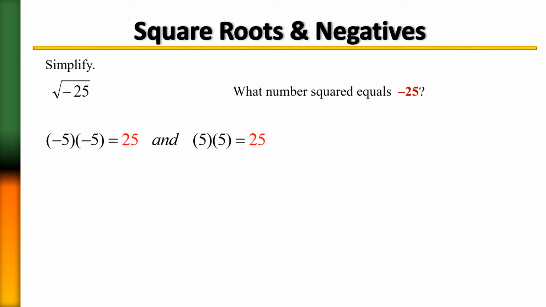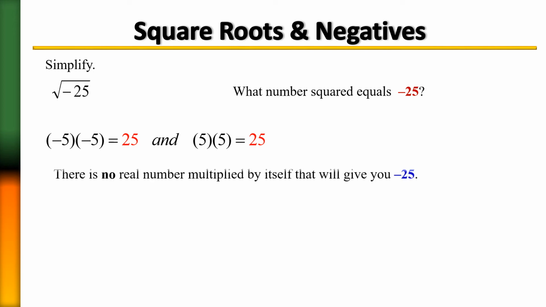The point is, there is no real number that, when you multiply it by itself, will give you negative 25. It just does not exist. So in that case, we simply say that it does not equal a real number. In the future, you're going to find that you can solve that. It does equal an imaginary number, but it does not equal a real number.